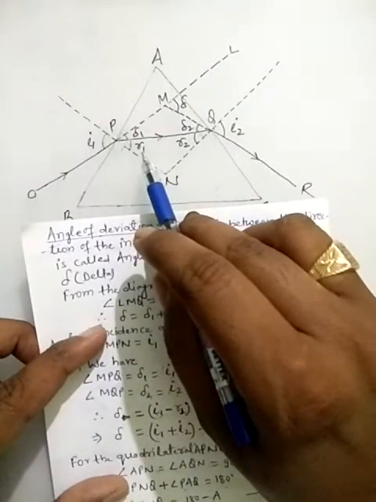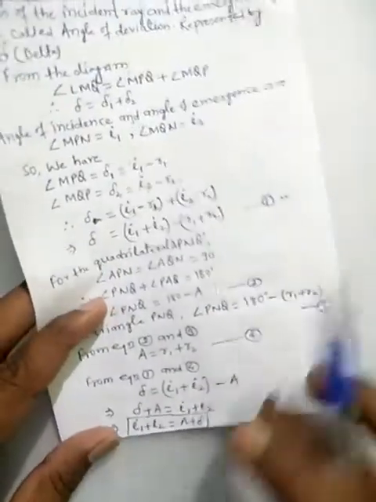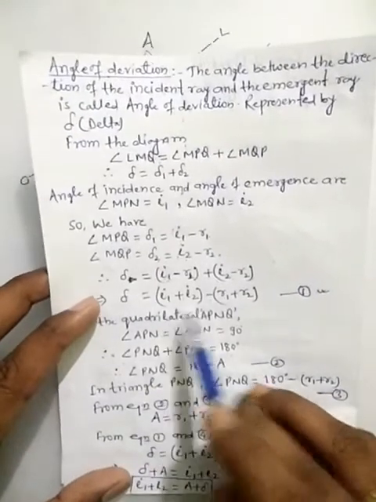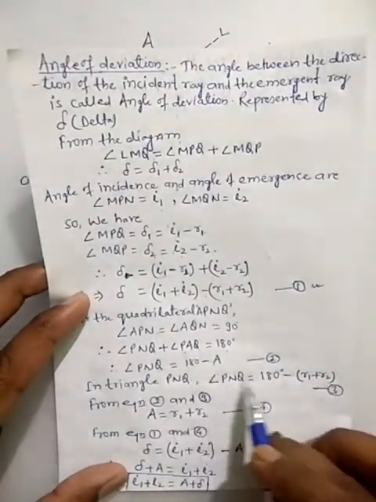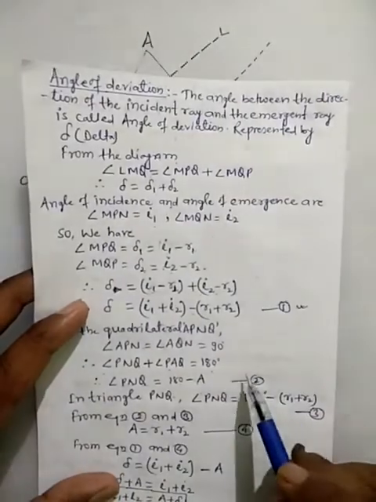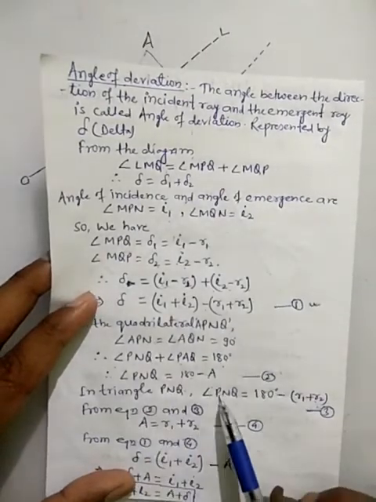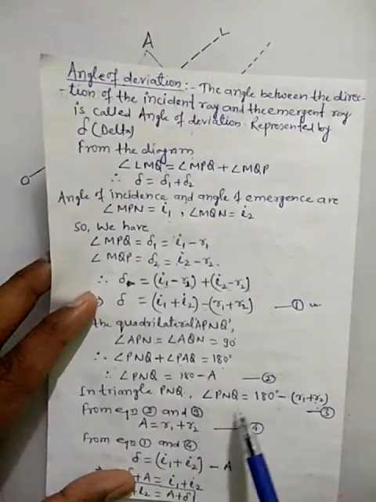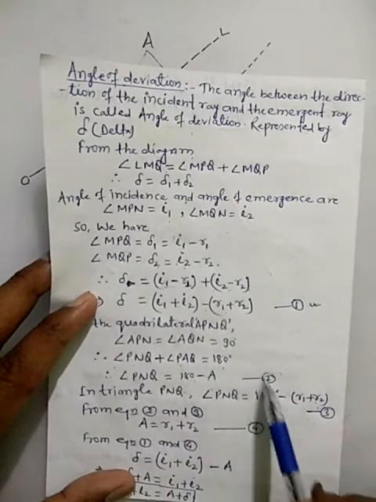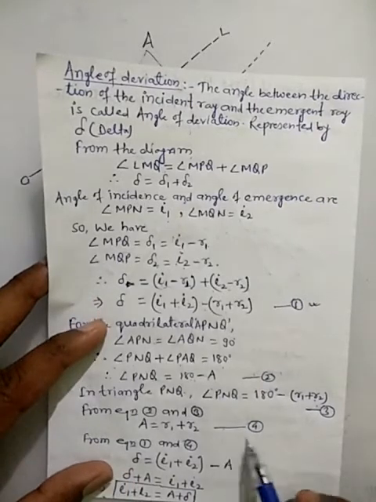This is equation 3. From equations 2 and 3, both give angle PNQ, so we can write that angle A will be equal to R1 plus R2. The angle of prism A equals R1 plus R2, and this is equation number 4.